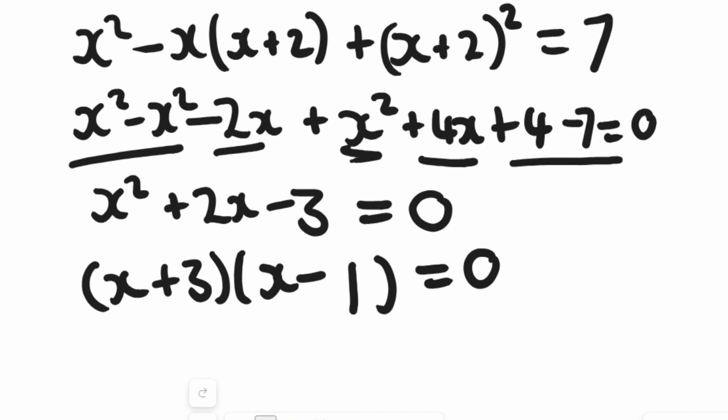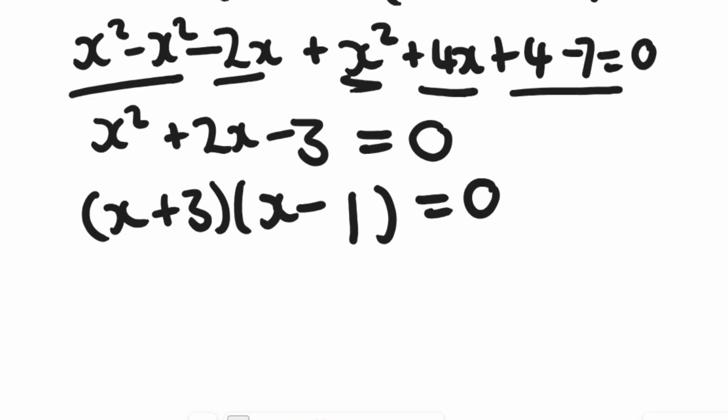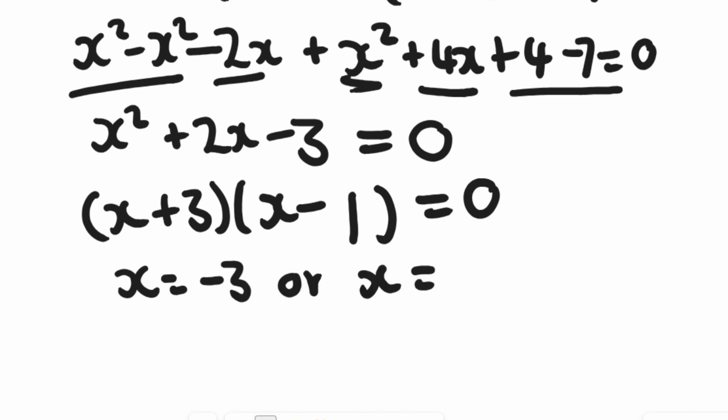Remember, the signs are not the same because of the negative sign, and the bigger magnitude receives the sign of the middle term. So 3 will take a positive sign like that. Now for this to be true, our x is going to be negative 3, or our x is going to be positive 1.